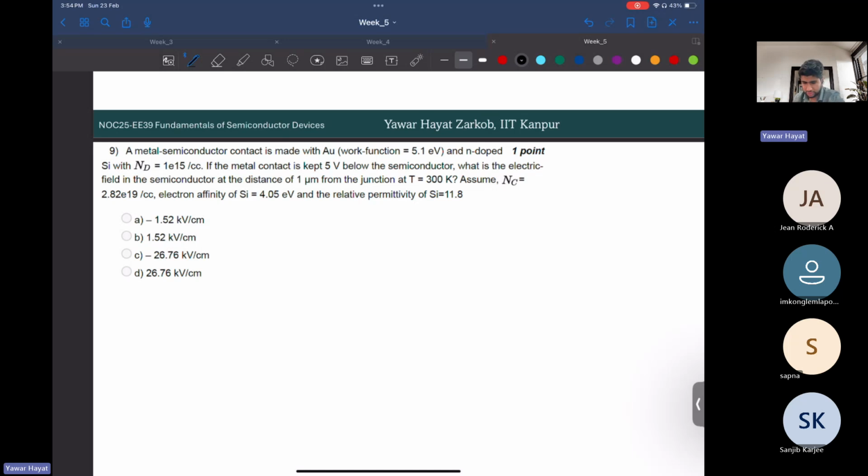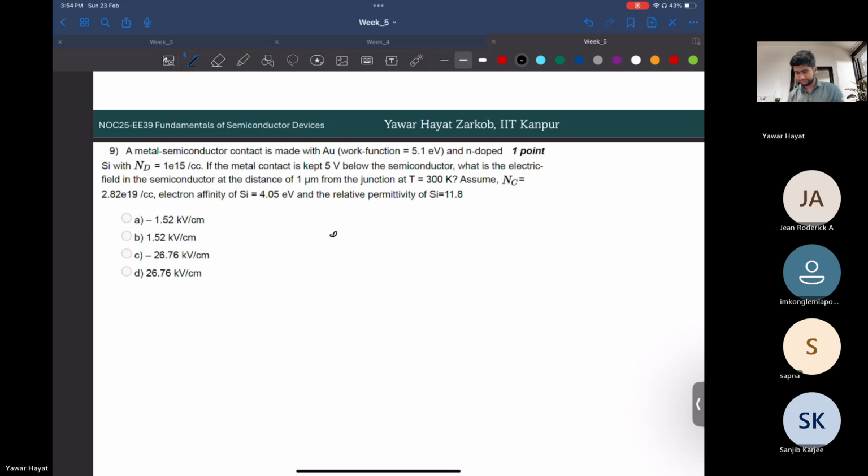So first, what is asked in this question is, what is the electric field in the semiconductor at a distance of 1 micrometer from the junction? So in other words, you are being asked to find a general expression of E of x, and if you substitute a distance of 1 micrometer from the junction, you will obtain the value of the electric field in the semiconductor at that point, right?